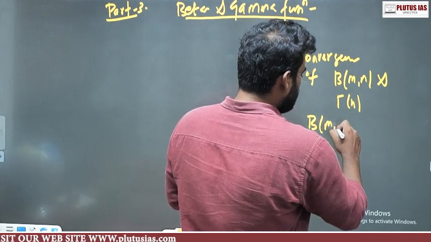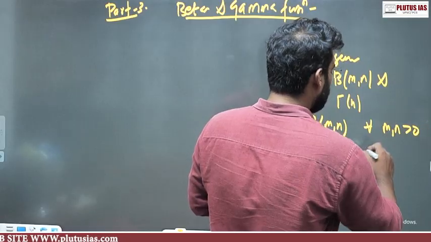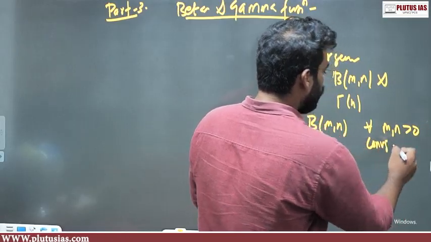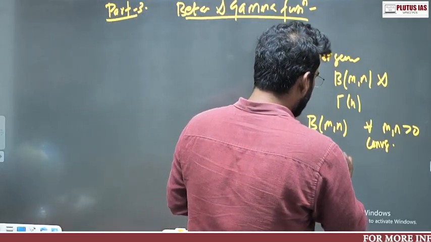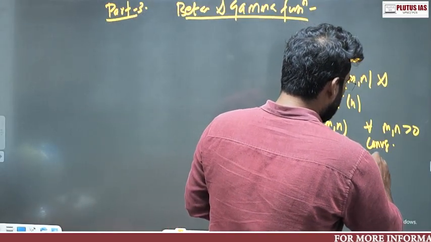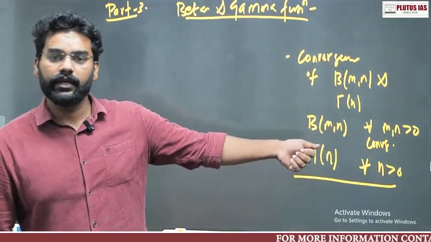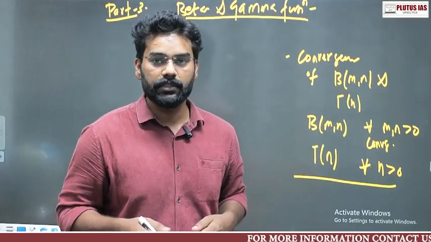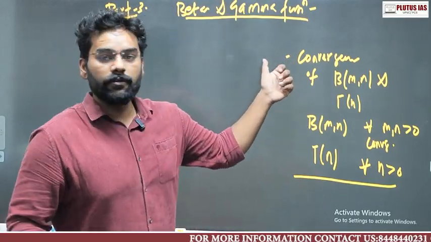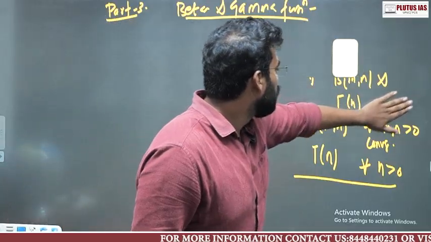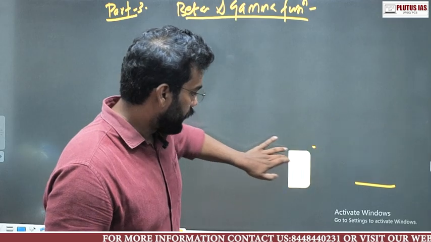Beta m n converges for all m, n greater than 0, and gamma n converges for all n greater than 0. So here m and n are not natural numbers, they are any real number. So this was the conclusion of part 2. So basically we did the proof.